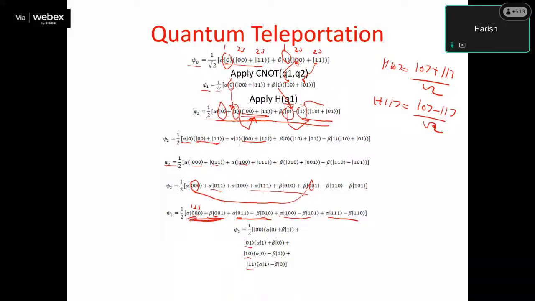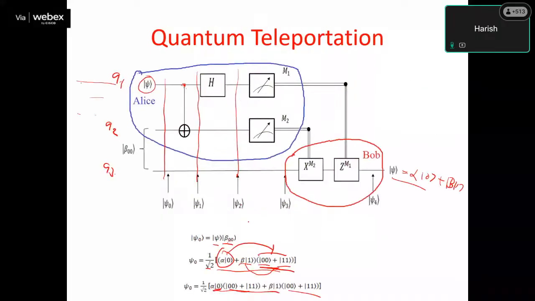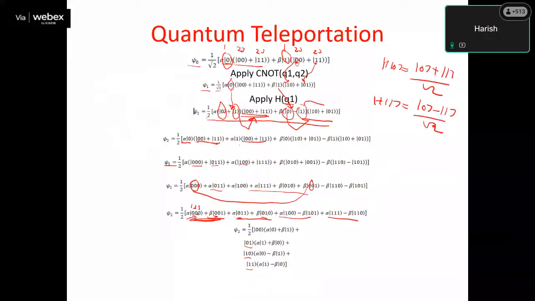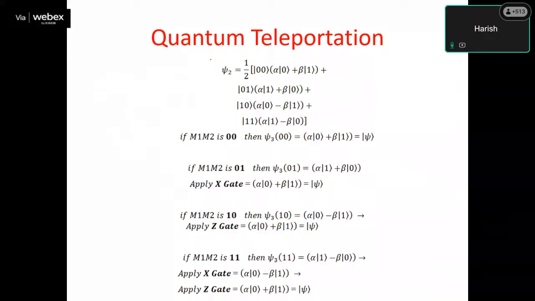In these two terms they are 00, in these two terms they are 01, and likewise. So we get this kind of psi 2 state. We just rearrange, multiply, and take the common part, and we write it like this.